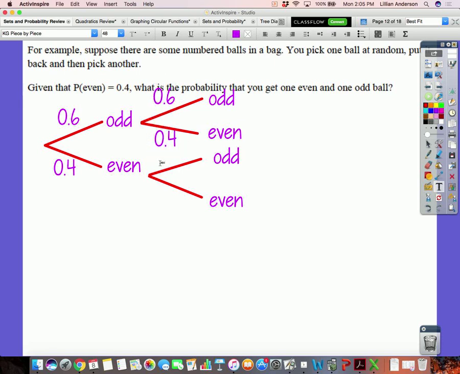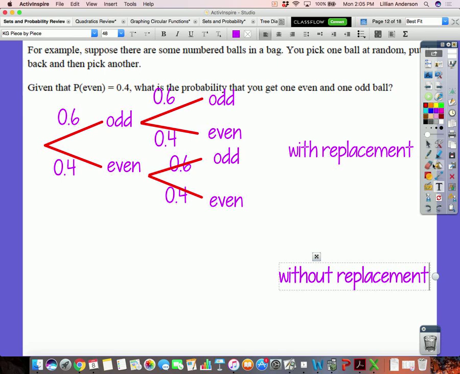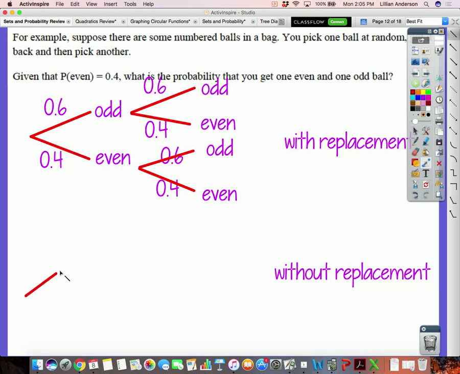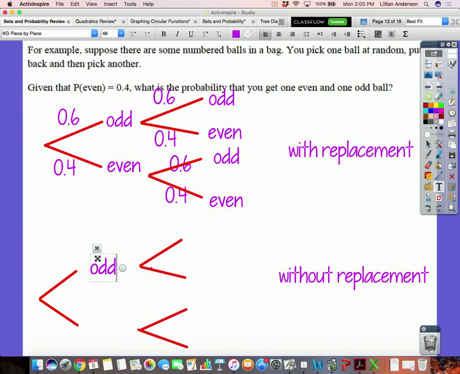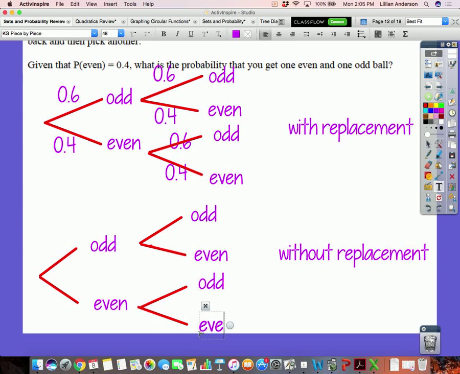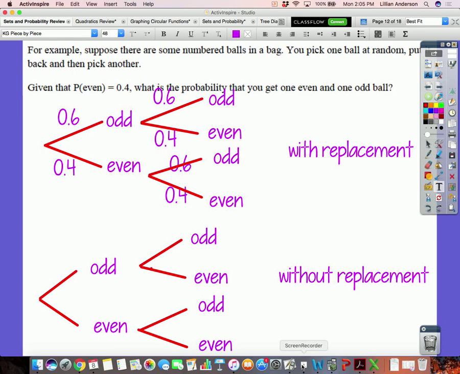We're about to do desk in just a second. So you're finishing out that tree diagram to represent without replacement.